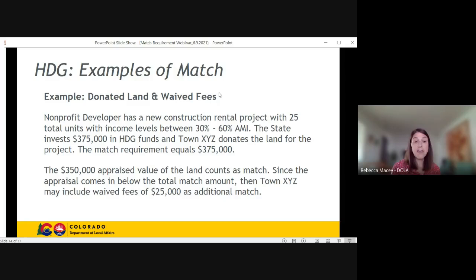An appraisal comes in for the land at $350,000. So it's just a little bit less. Since the appraisal comes in below the total match amount, Town XYZ may include waived fees of $25,000 as additional match. It's just another way of layering different match values and sources into the project to make sure that the match requirement is met.